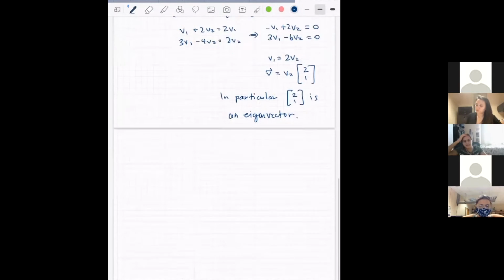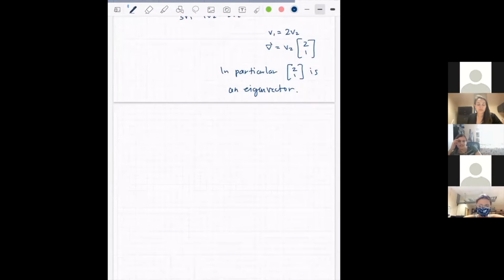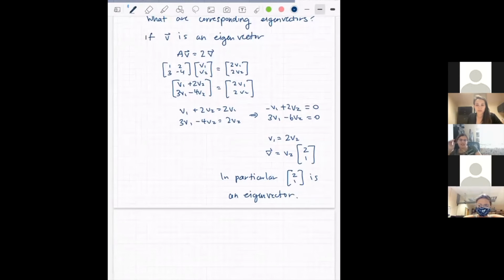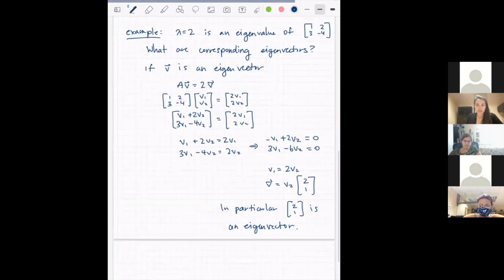Do you have to say anything about how the 0 vector can't be? Or is that implied? Yeah, no, you don't have to say, yeah. I guess, right, if you're looking for an eigenvector, you don't want to say it's 0, but actually I'll talk about that later.